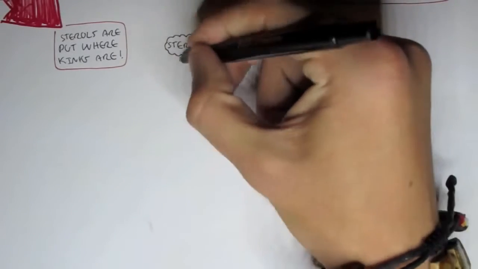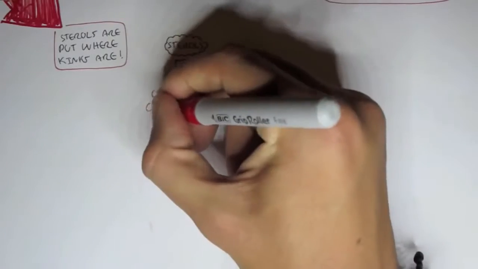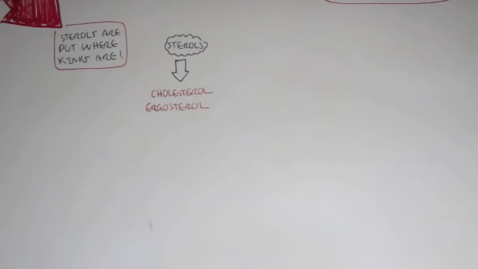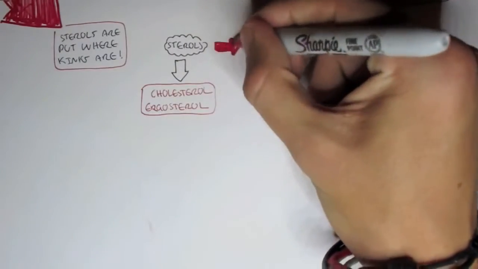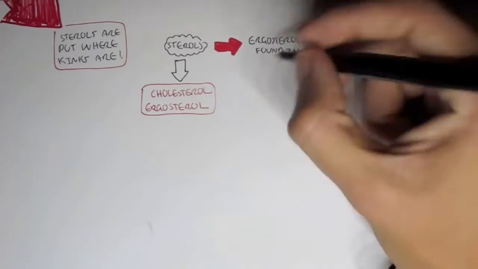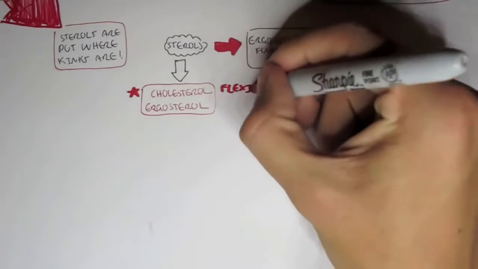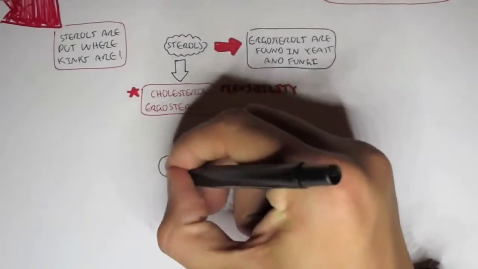As mentioned, there are two types of sterols, cholesterol and ergosterol. Ergosterol is found in yeast and fungi. We are mainly concentrating on cholesterol, and cholesterol increases membrane flexibility.